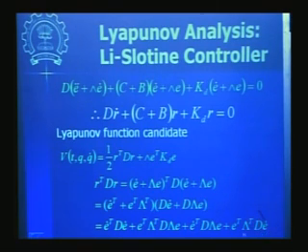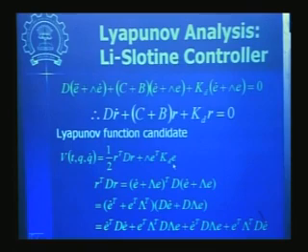Since D and lambda are symmetric positive definite matrices, both these cross terms turn out to be the same, so you can just write this as twice one of these terms.